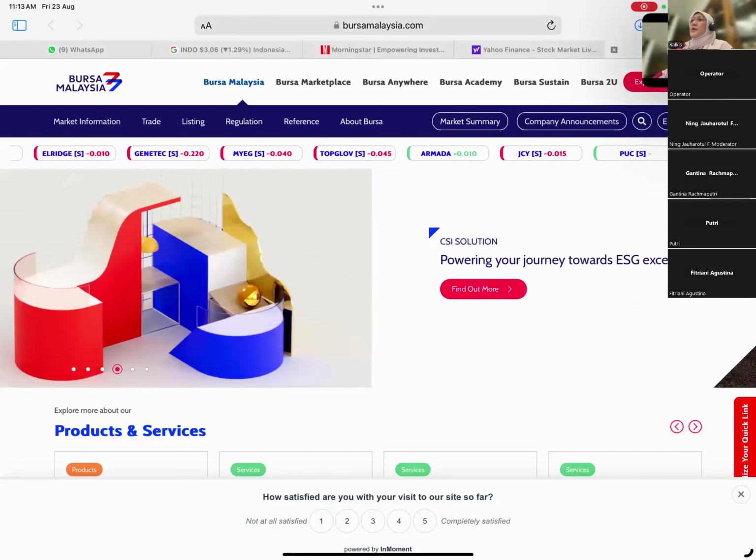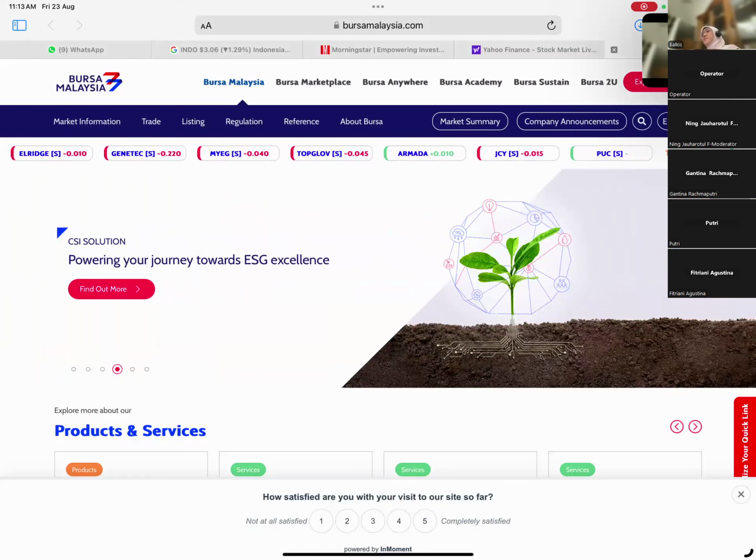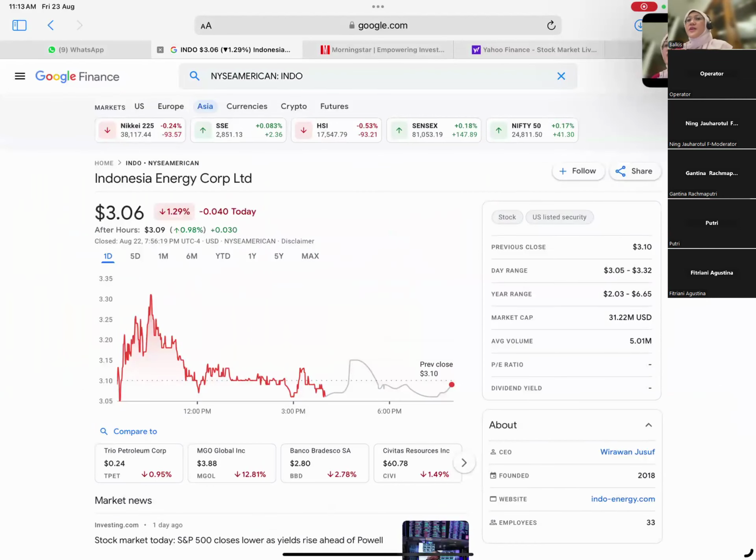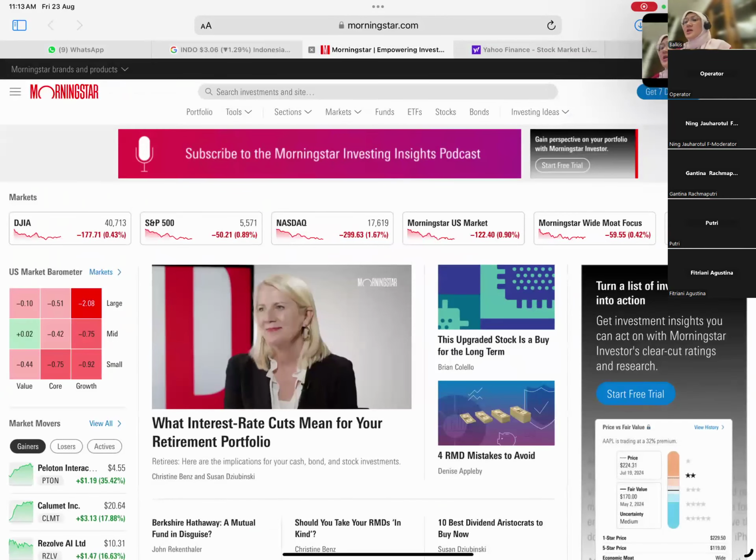So for closing price, stock prices, if you can't get it from Yahoo Finance or Google Finance or Morningstar, you can try Datastream. You can try Datastream or Econ database. Econ database is part of Datastream.